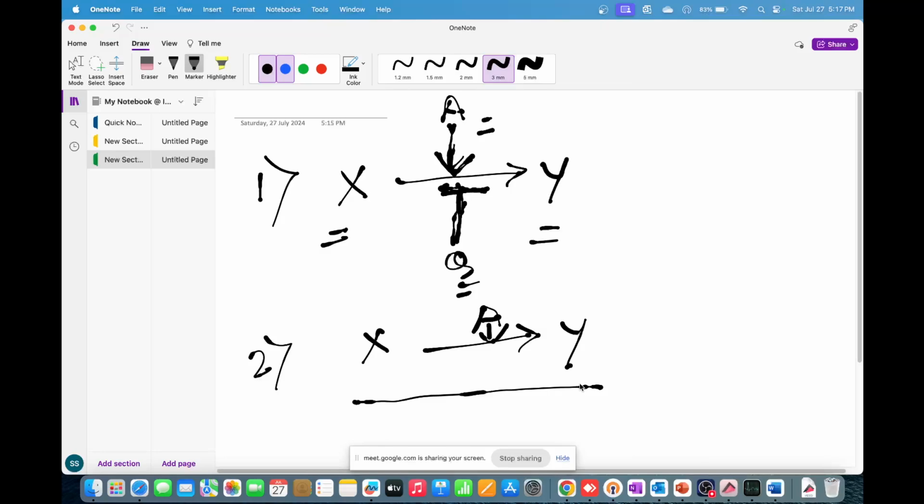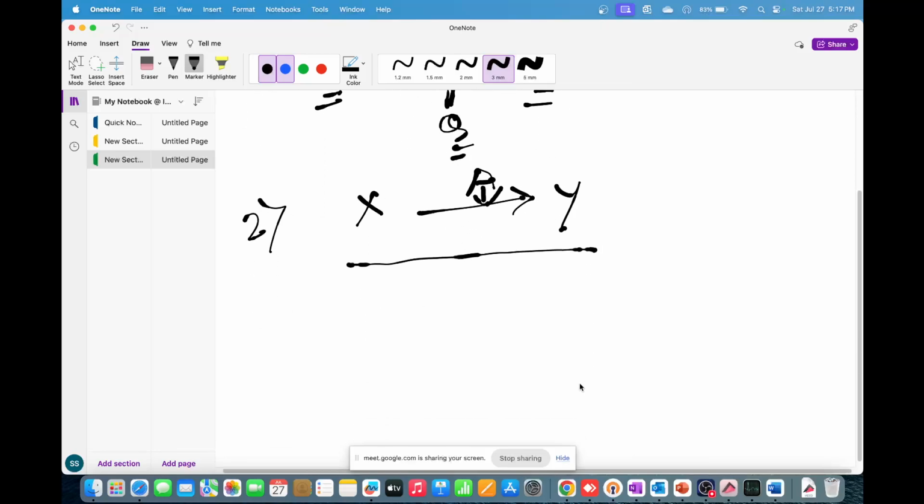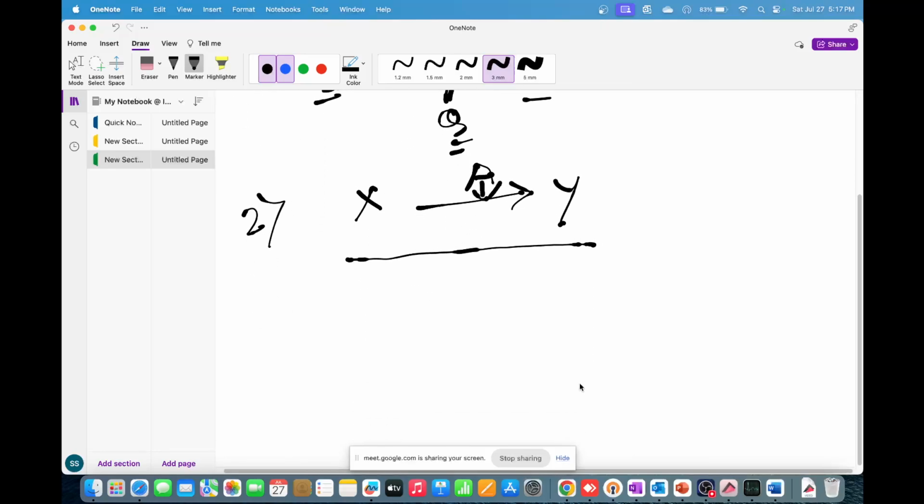So the question is, how many differential equations do you need to get the information of this reaction in terms of a mathematical model? How many reactions do you need? Is it one? Is it two? Is it three?